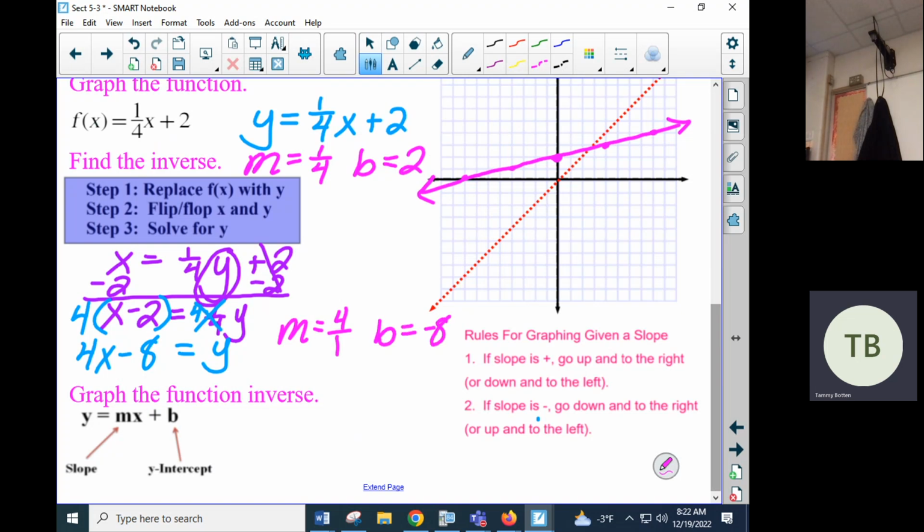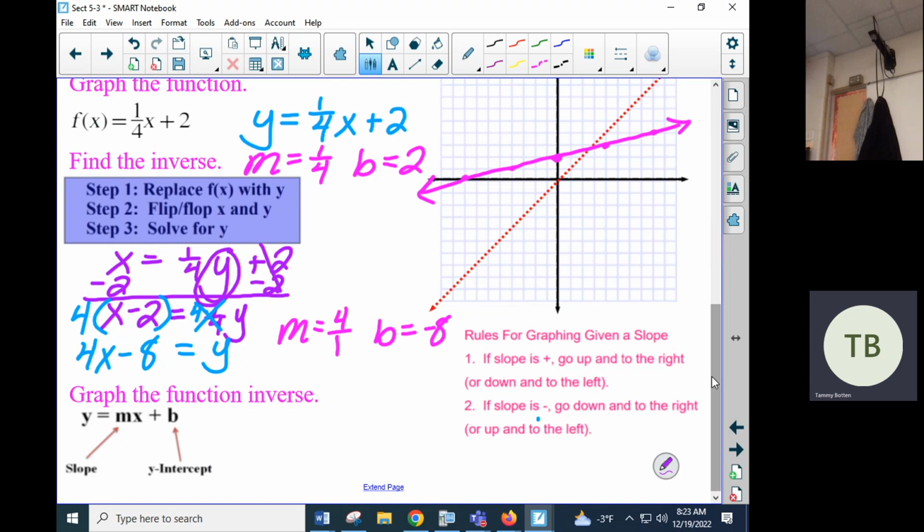And then here, I should have talked about this earlier. The way that I explain slope is if it's positive, you go up and to the right. That's the way I do it. If it's negative, you go down and to the right. But if you learned it some way differently with a different teacher, just follow what makes sense to you.